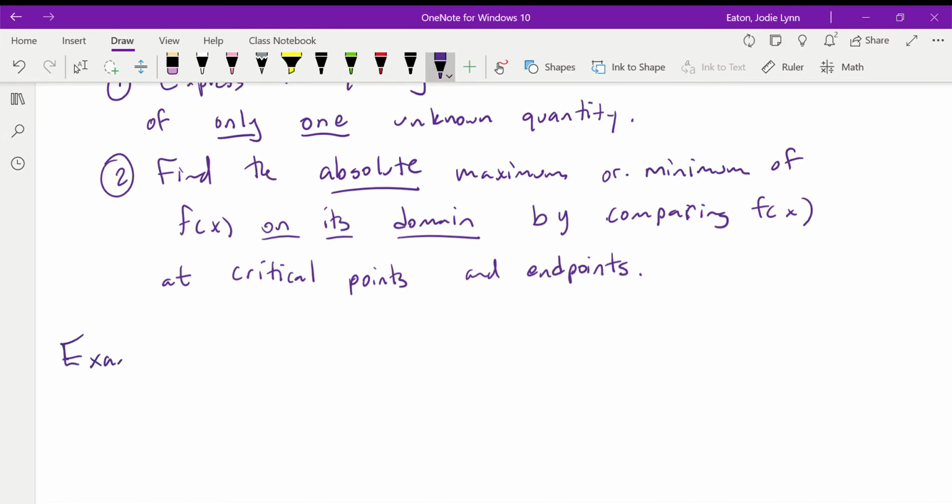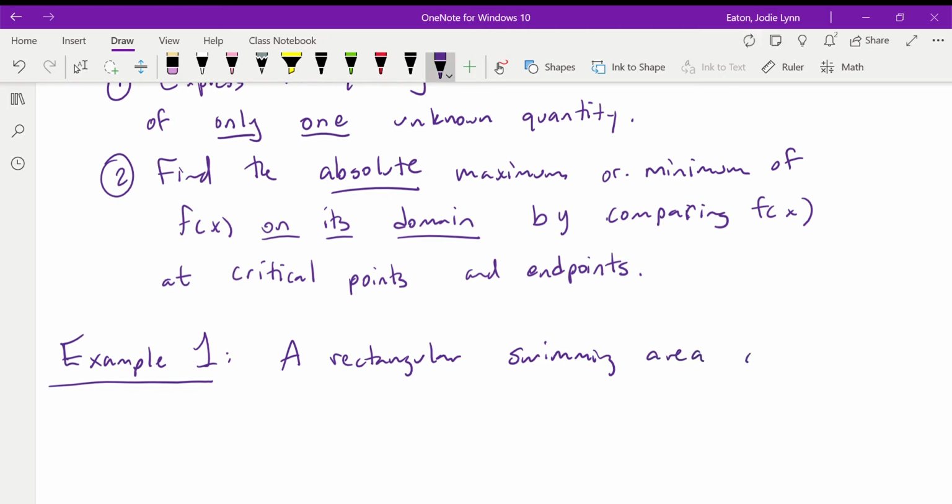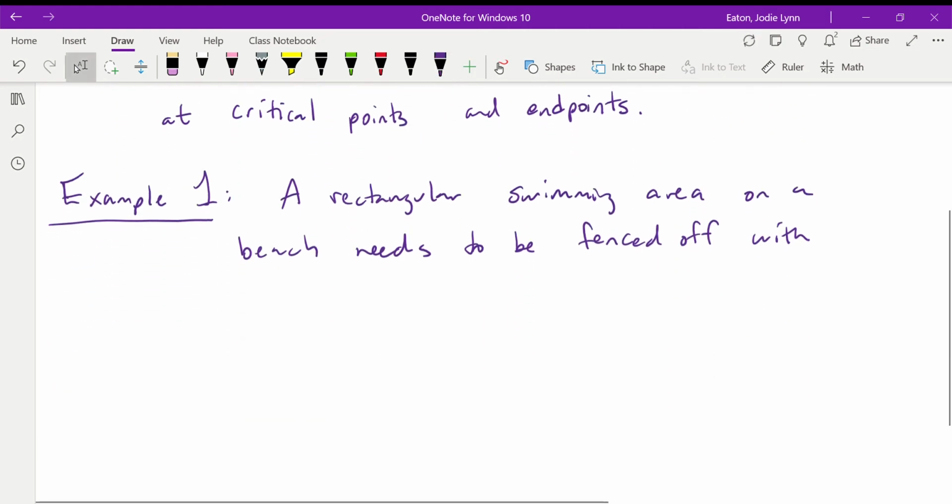So example number one. And as we noticed with the last section, these are everybody's favorites, word problems. A rectangular swimming pool, let's call it a swimming area, on a beach needs to be fenced off with 2,400 meters of rope.